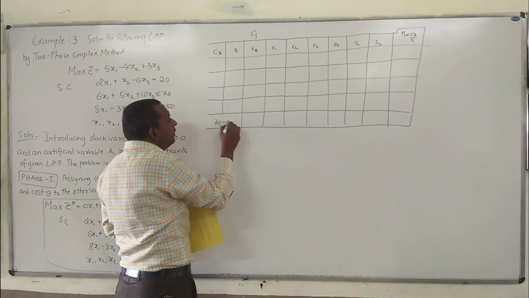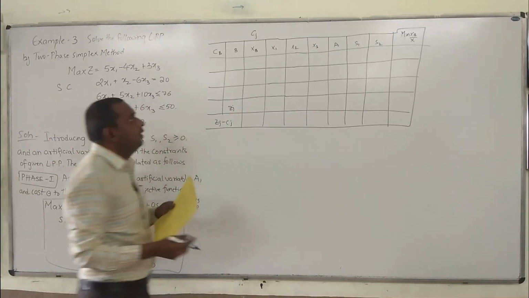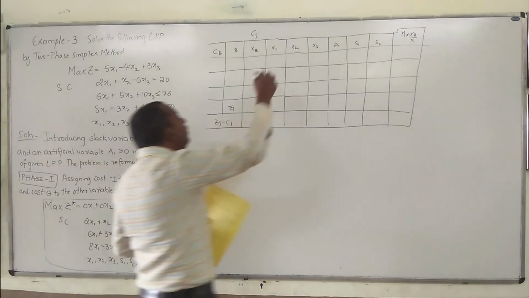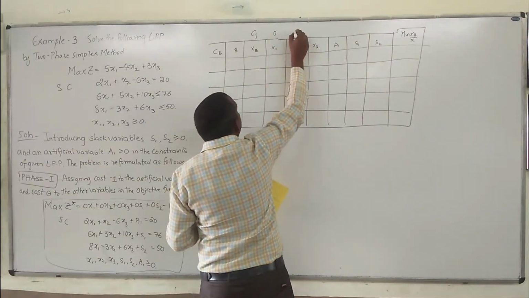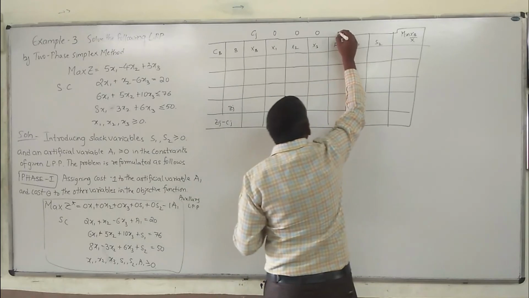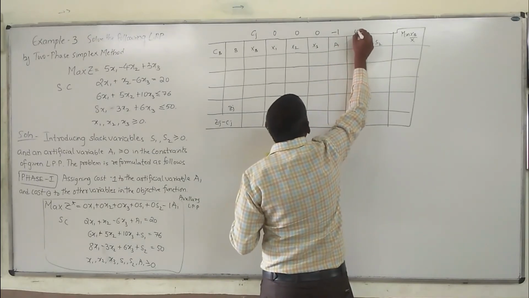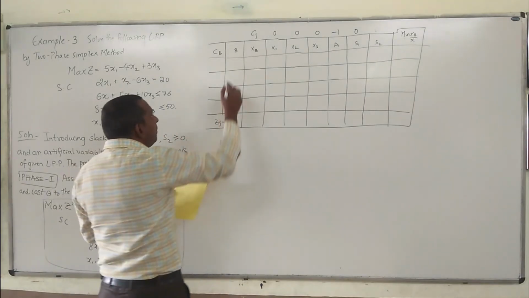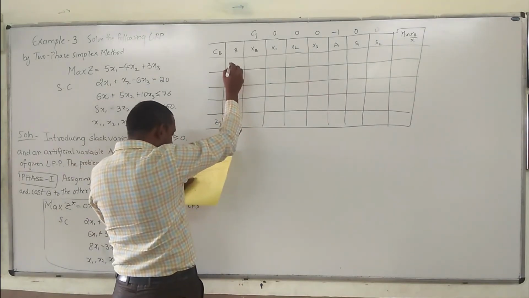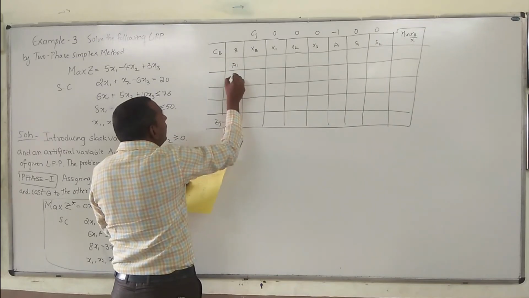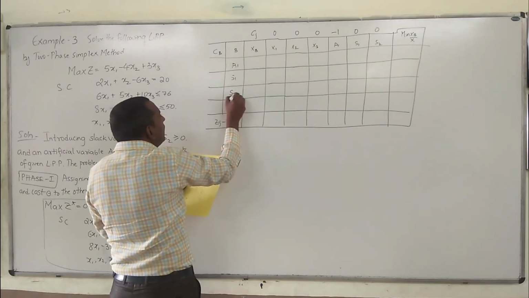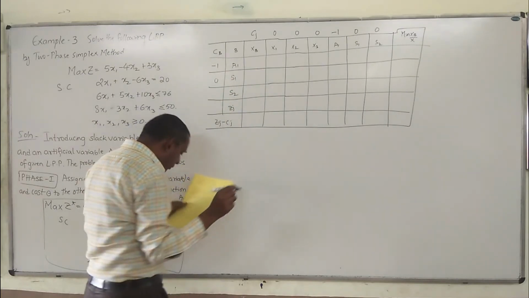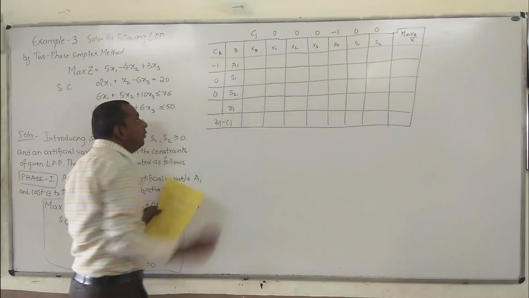This is Zj minus Cj. This is Zj. So let me write all the values of this table. What are the Cj values? Cj values are 0, 0, 0, followed by -1, 0 and 0. The bases are A1, followed by S1, followed by S2. The coefficient of A1 is -1, of S1 is 0 and of S2 is 0.